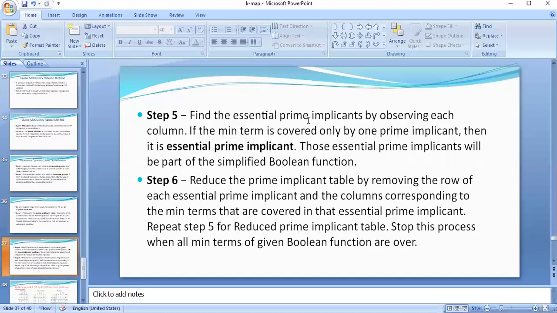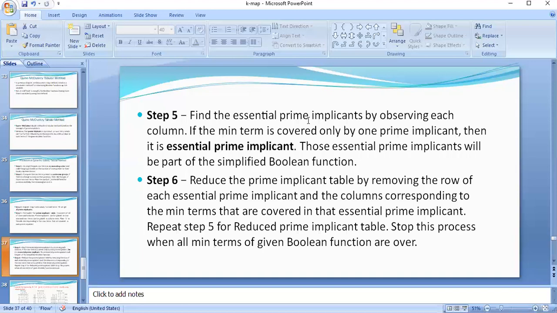In step 5, we identify the essential prime implicants. How can we identify them from the prime implicant table? If there is a single cross mark in a column, you circle that cross mark. That means that minterm cannot be covered by any other prime implicant, or any other group, and that is called an essential prime implicant.